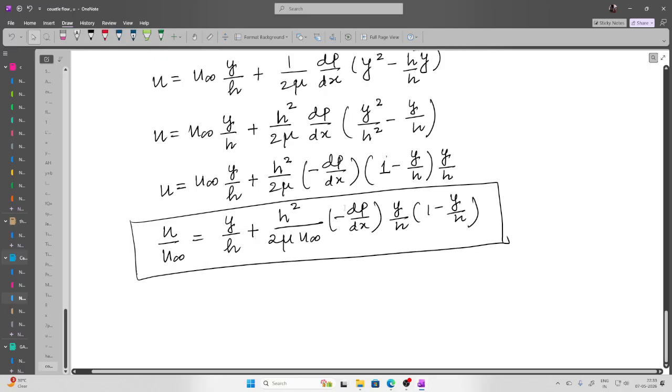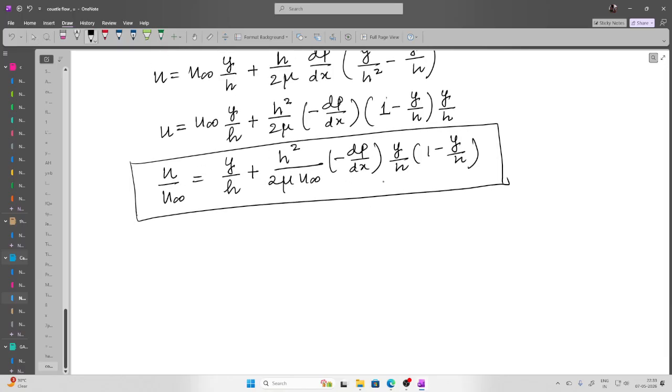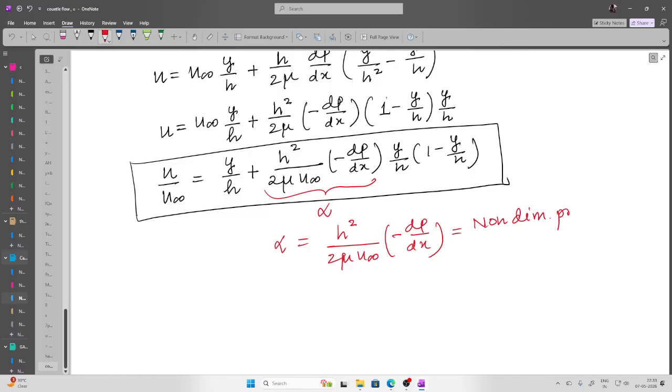Now, if you slightly solve this, consider this term as alpha. What is alpha? Alpha is nothing but h square by 2 mu u infinity times minus dp by dx. Now in this whole equation, everything is non-dimensional, so this has to be non-dimensional, and this is what we call the non-dimensional pressure gradient.